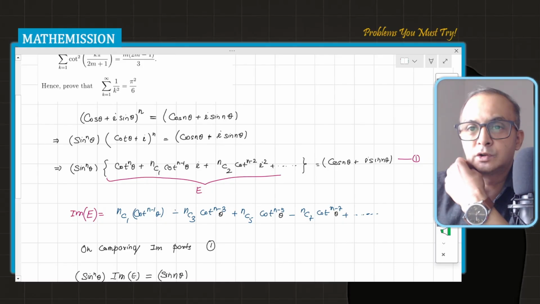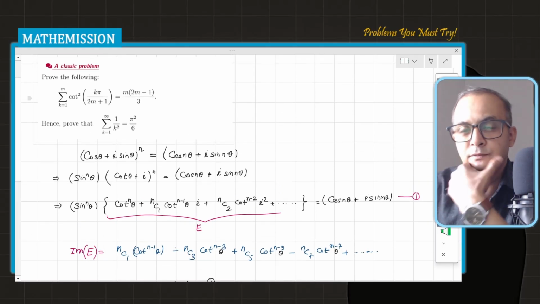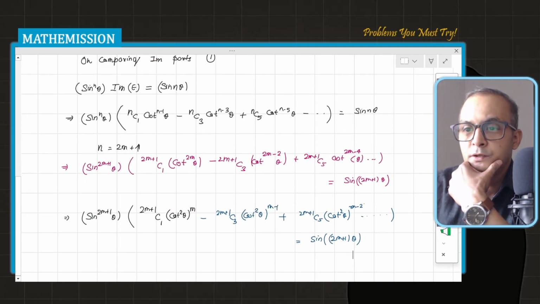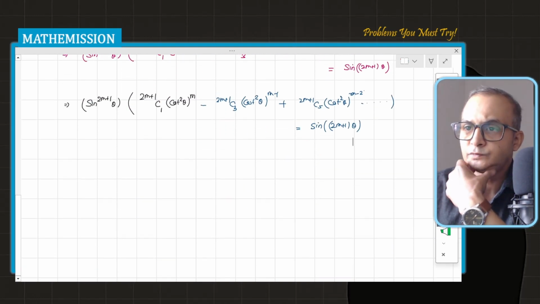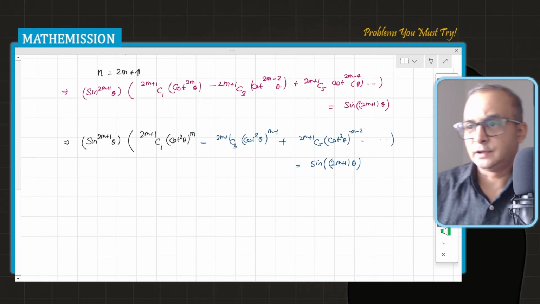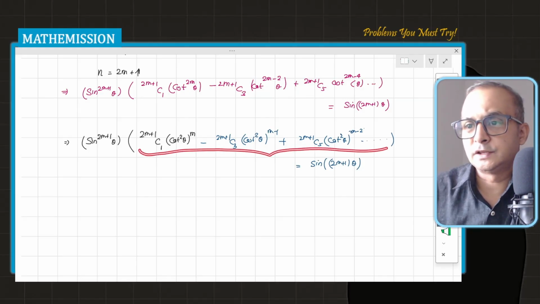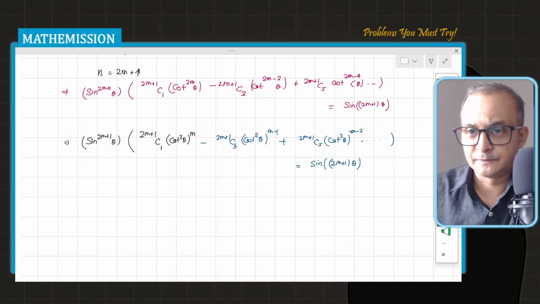Now we have to work on how we get the cot square k pi by 2m plus 1 to appear. For that, let's consider this. From here to here, we just assume everything as a polynomial of x.